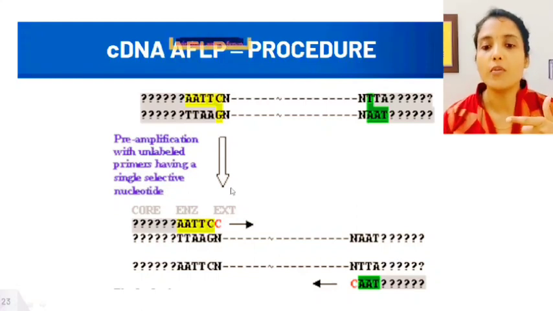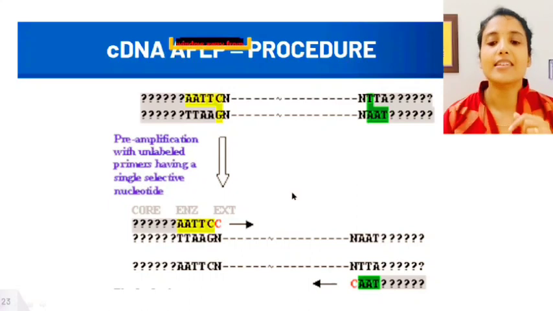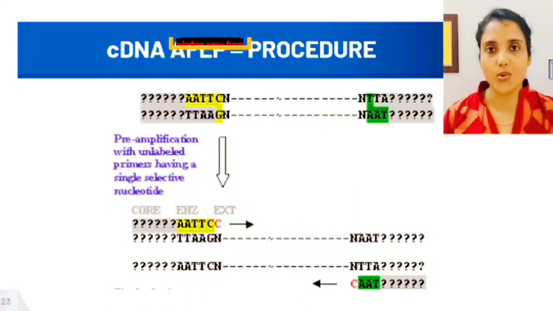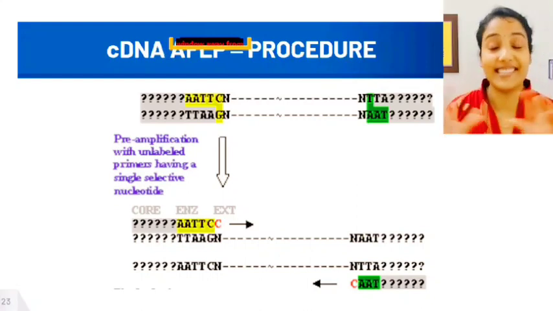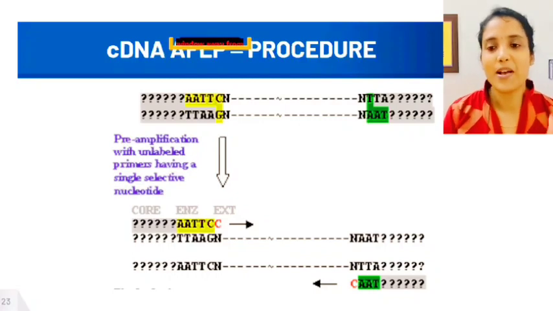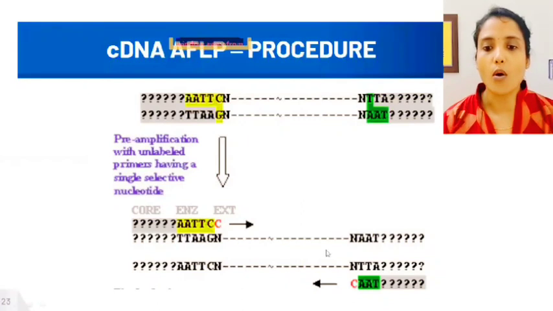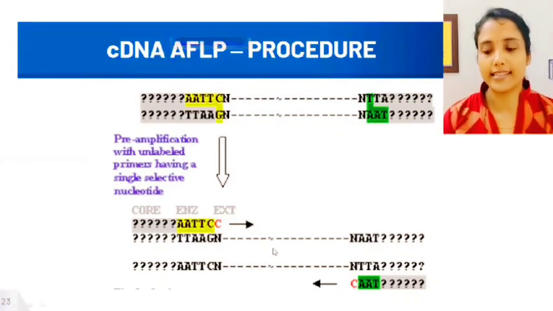And only if there's a G will this primer come and join with this particular cDNA, right? So there you have selected, out of 1,000, now only 500 will be taken to the next step. Okay, so that is the pre-selection. It's just a very vague example, but that is how pre-selection is done. After this, all these will be amplified, and then you go to the next step.